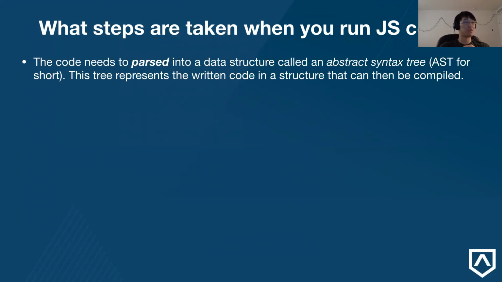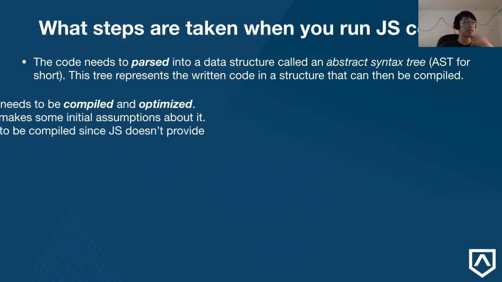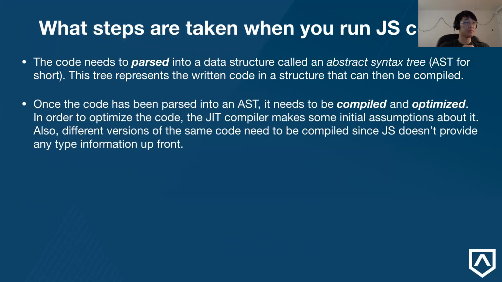But I'm not going to go more into it than that. But basically, the abstract syntax tree represents your written code in a structure that can then be interpreted by a compiler. A compiler is going to see that and then basically compile it.